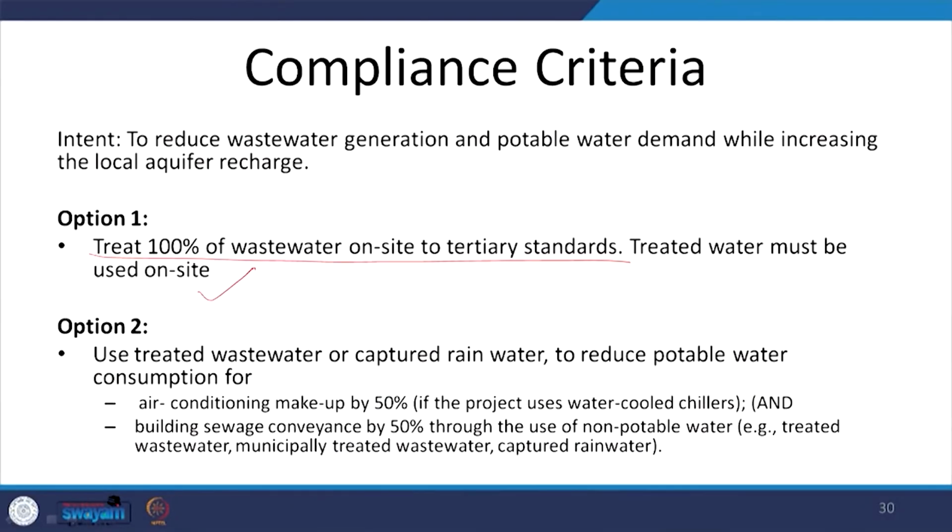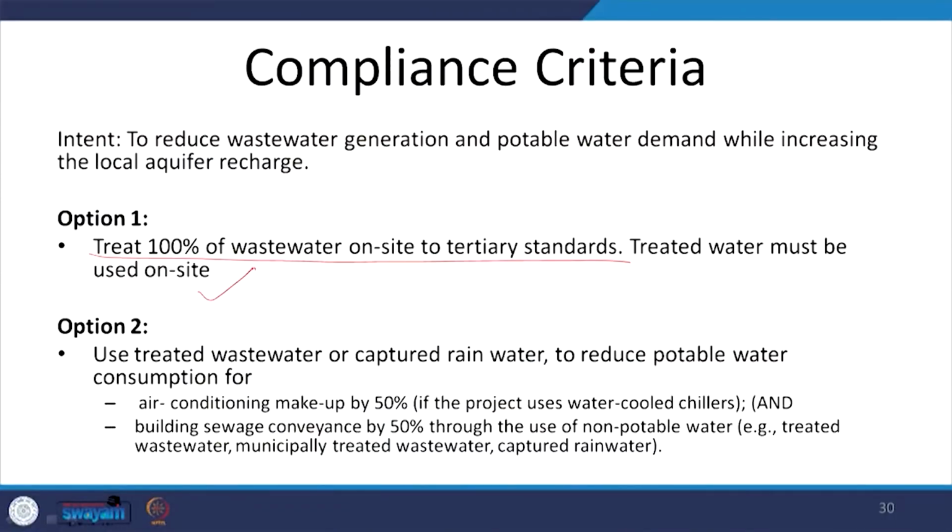The intent is to reduce the burden on municipal sewer systems, and all this treated water must be used on site itself. We can't treat the water and then release the treated water into the sewer system. No, all this treated water must be used on the site.